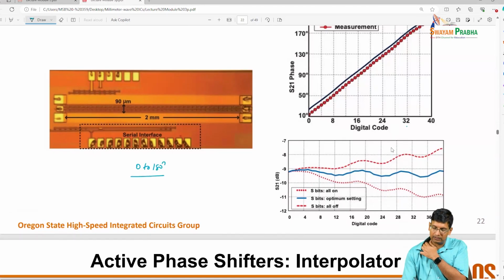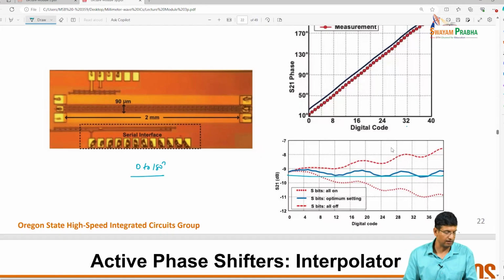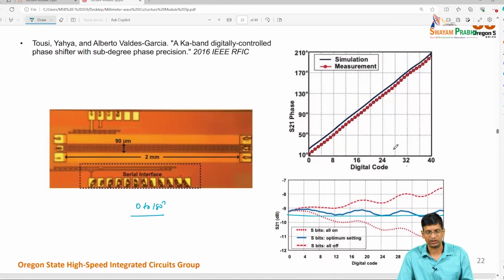And the S21 is pretty uniform, which, if the impedance was changing throughout the line, then it would not be so uniform. But by adjusting the L when the C changes, they're able to accommodate both a change in phase shift and keep the impedance constant while loading the transmission line.